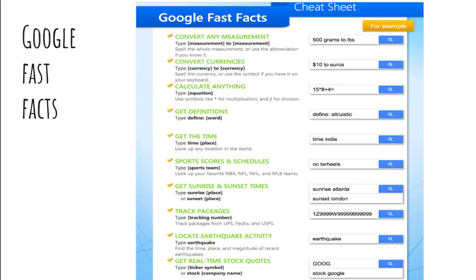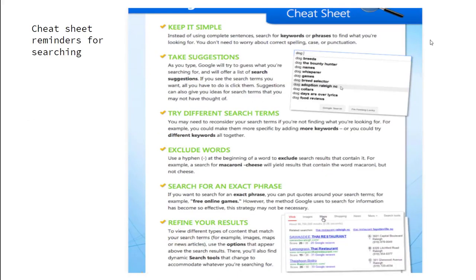So all you have to do is type those specific things in here. For measurements, it's nice to do that. I will do that sometimes if I'm trying to figure out measurements for cooking. Another thing I do if I have a missed phone call and I don't know who it is, sometimes I will just type that phone number in there and it'll give me information about who called. So those are kind of little shortcuts that you can type in to find out more information.